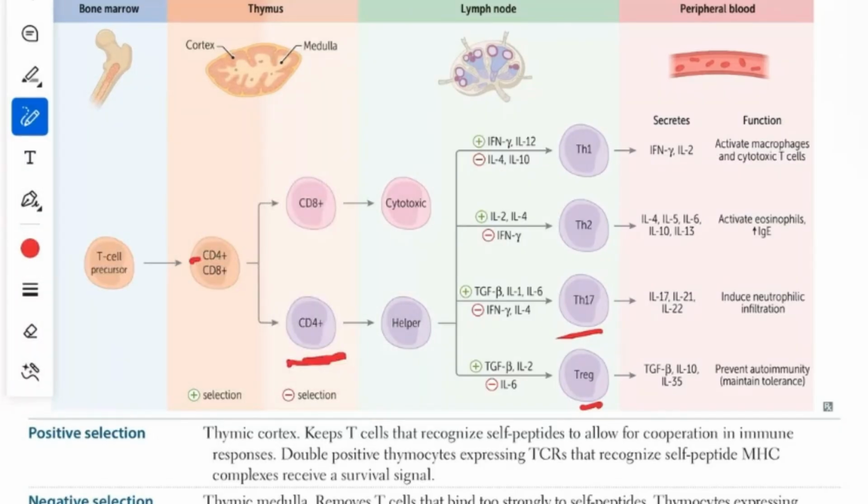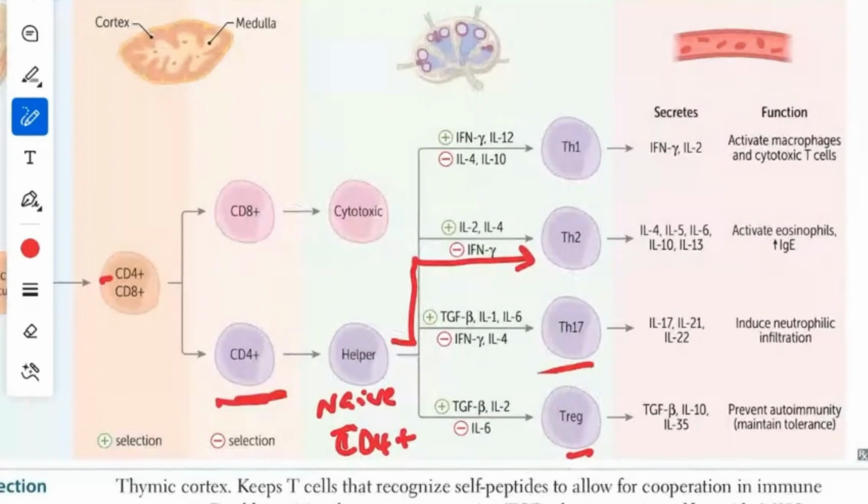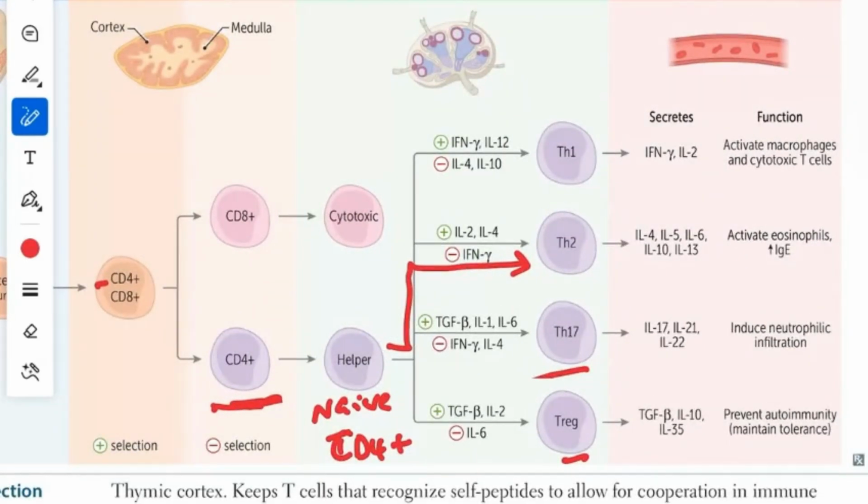If this is your naive CD4 T cell, and the APC presents an antigen to it and produces interleukin 2 and interleukin 4, it will induce the naive T cell to become a Th2.